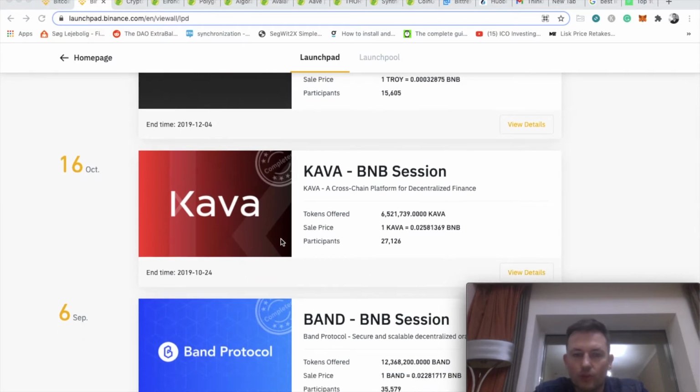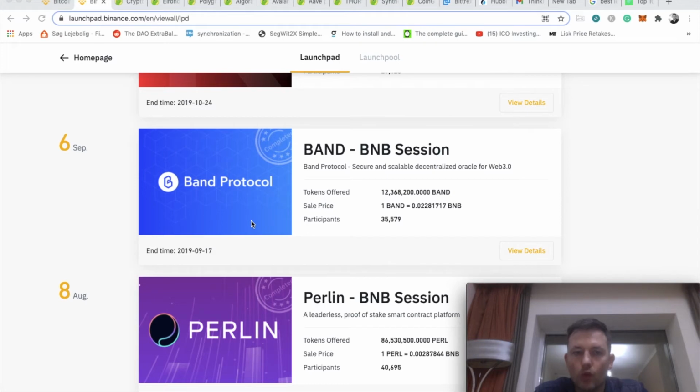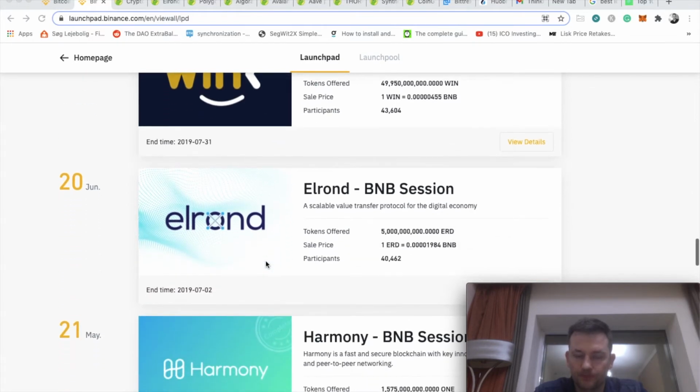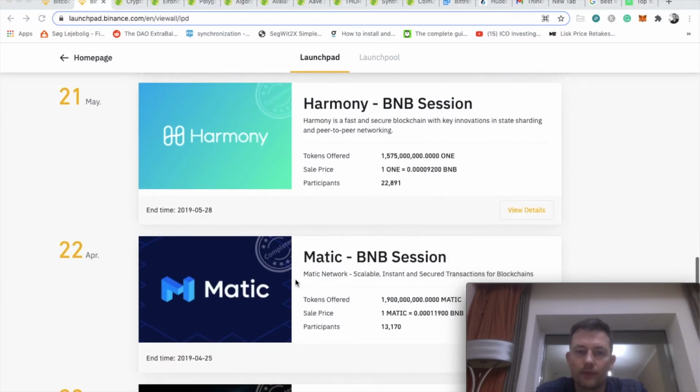Kava is a top 200 project, Band Protocol top 200 and with a lot of potential. Wink is in the top 100 at the moment. Elrond is a top 50 project and has the potential to be a lot higher.